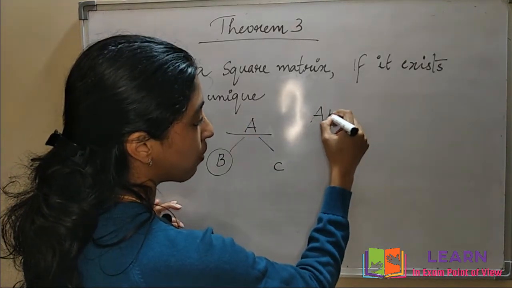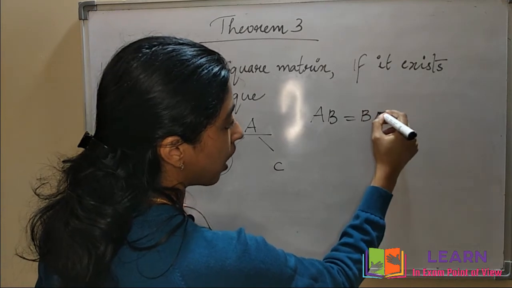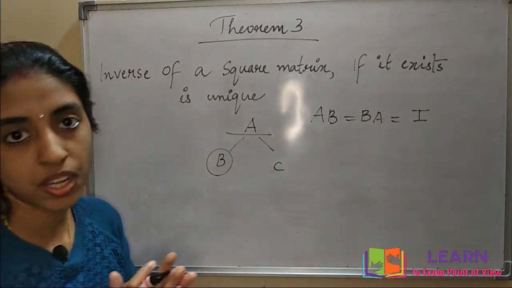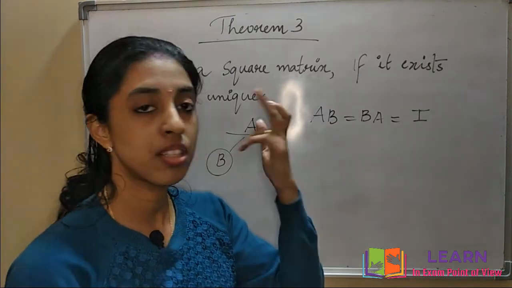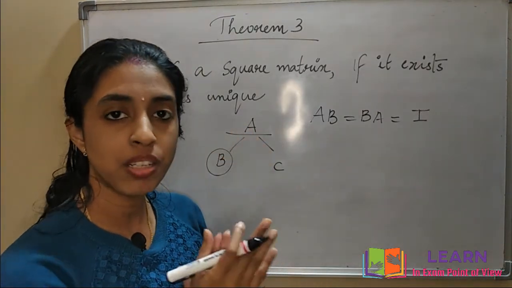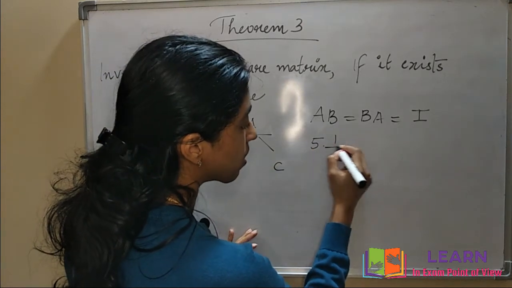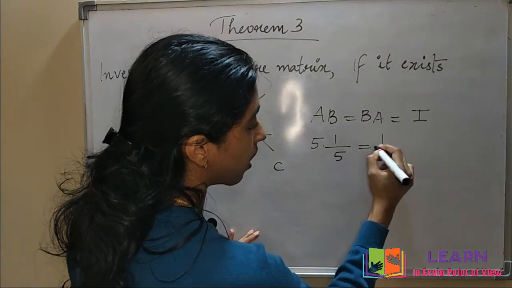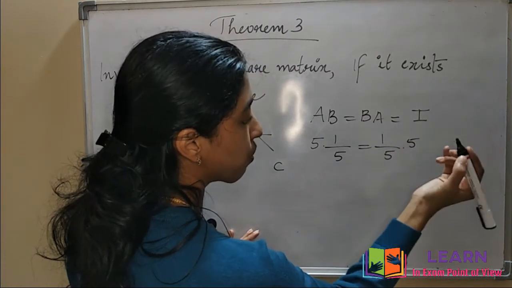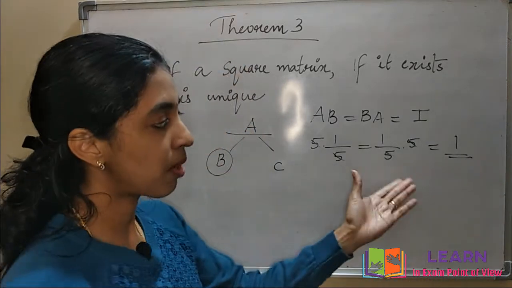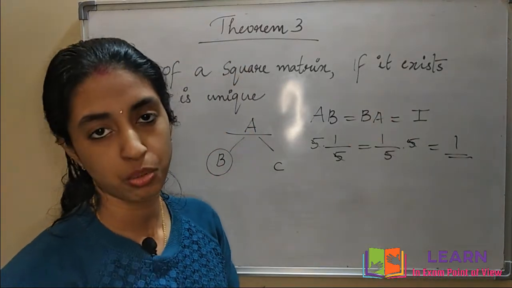Remember, AB equal to BA equal to I. This is in terms of matrices. If it is confusing, in numbers, if 5 is A, its inverse is 1 by 5, and 1 by 5 into 5 is 1. The same concept in terms of matrices.